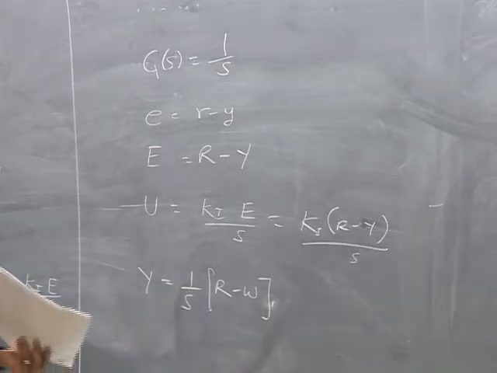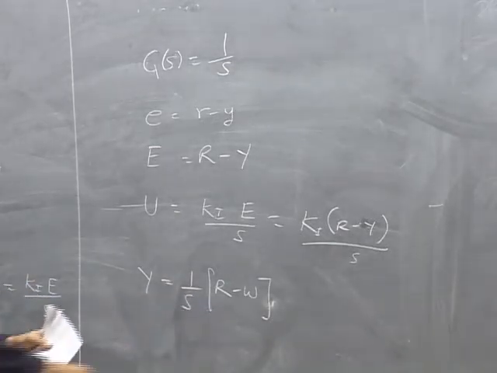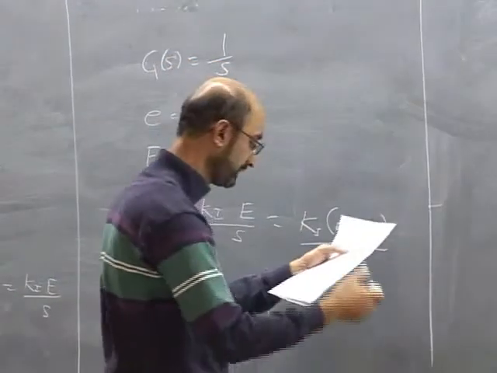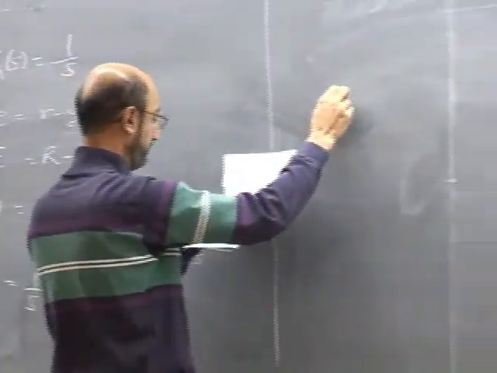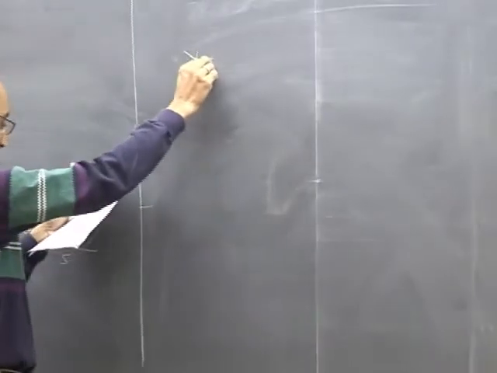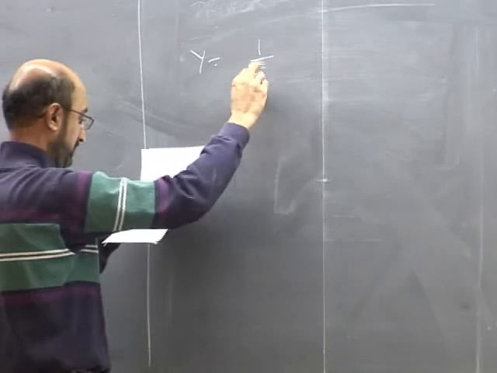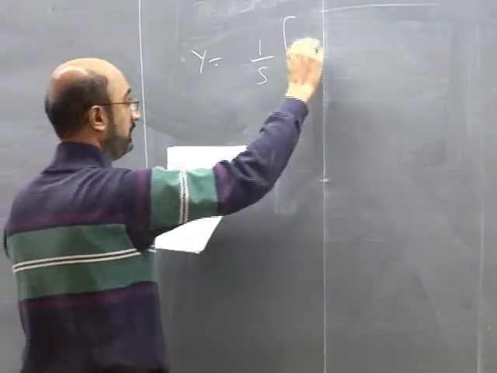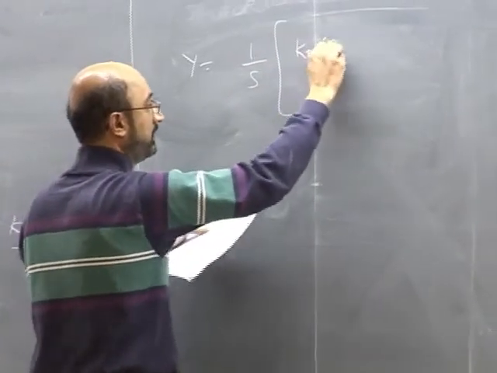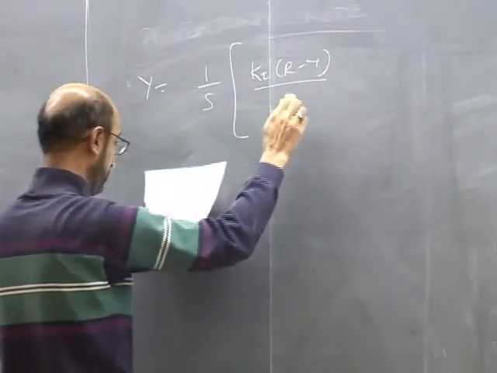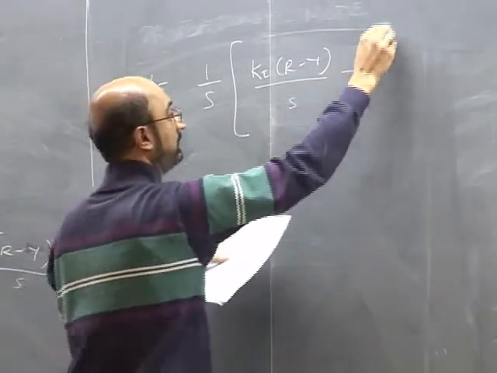So U minus W is the net that comes in, and so we can just substitute this to get Y equals 1 over s times (ki (R minus Y) over s minus W).